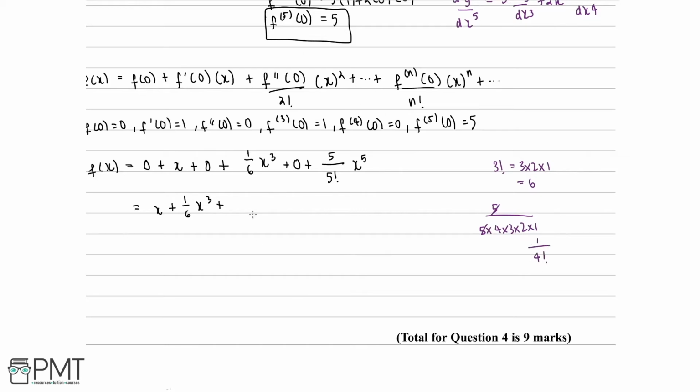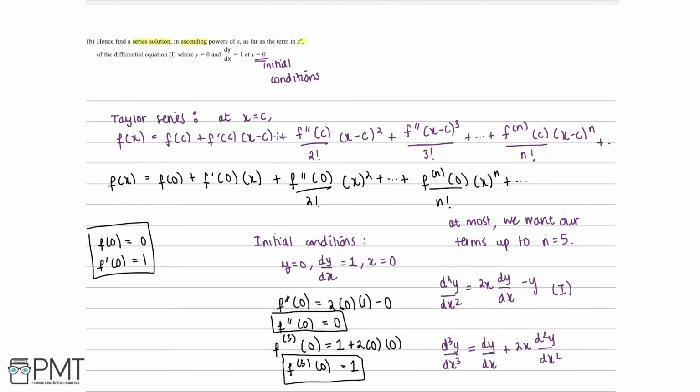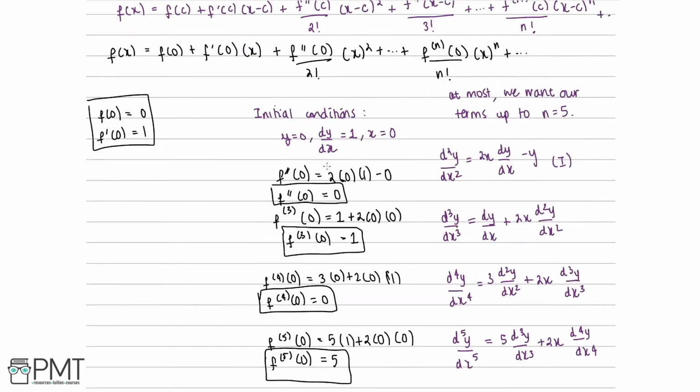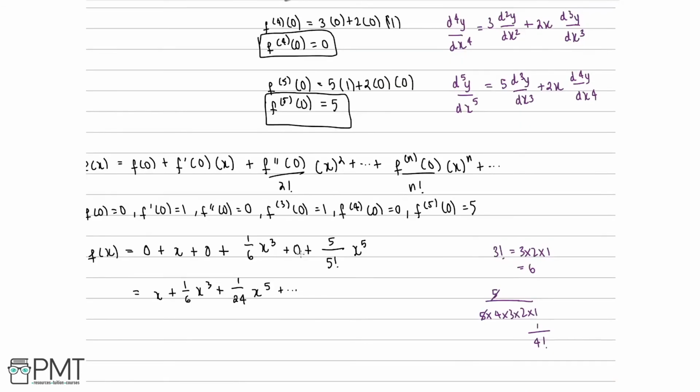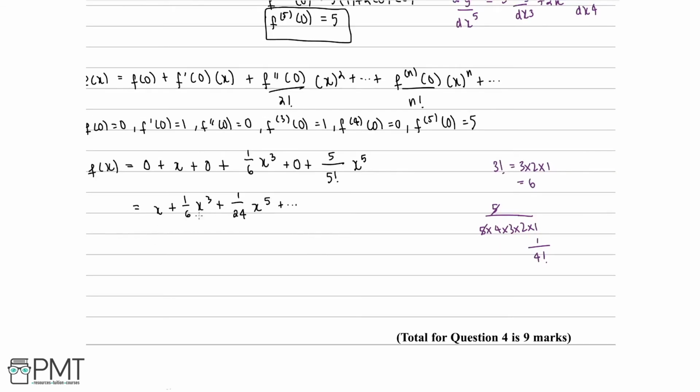So we will have 1 over 24 multiplied by x to the power of 5. And there are more terms added, but we only want our terms up to x to the power of 5. And once again, we want it in ascending powers of x, and we found it in ascending powers of x. Ascending means that the powers increase as you read from left to right, and hence we have solved our question. This is our series expansion for our differential equation, I, using the initial conditions that we were given earlier.